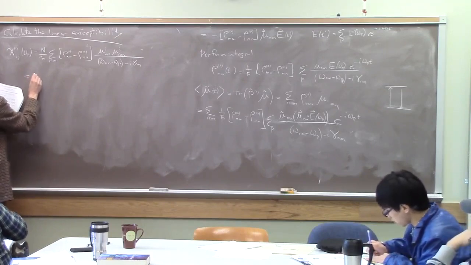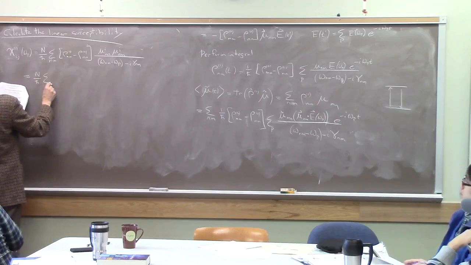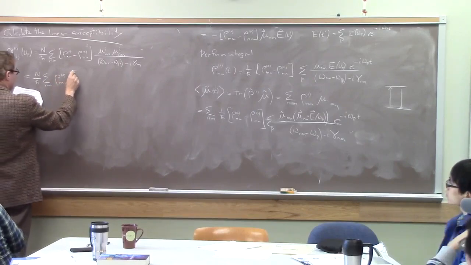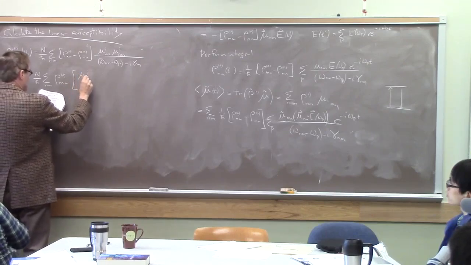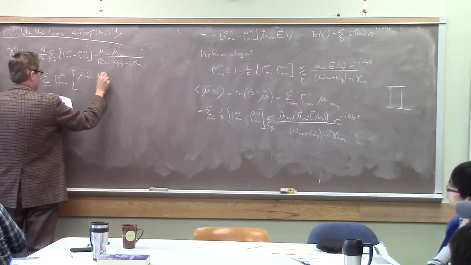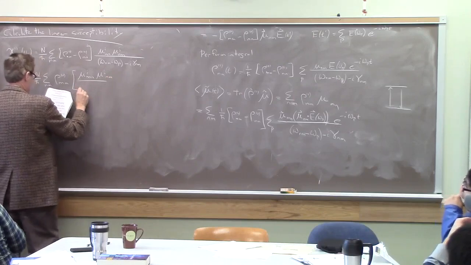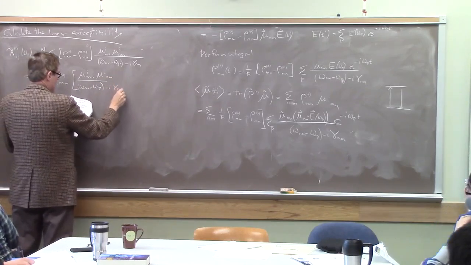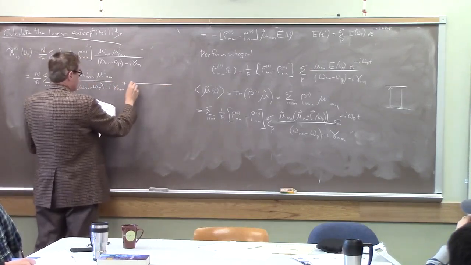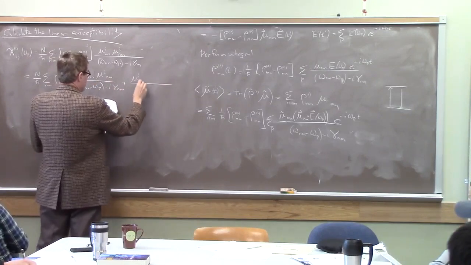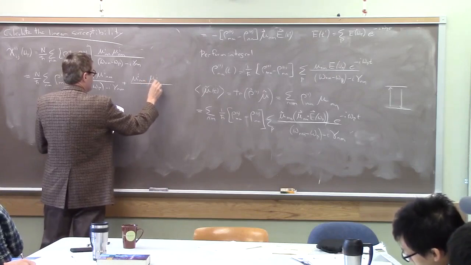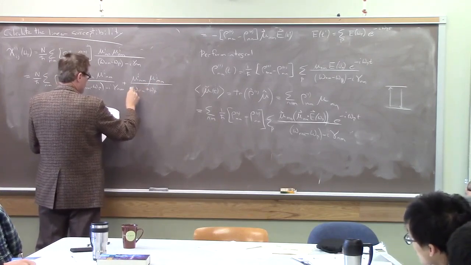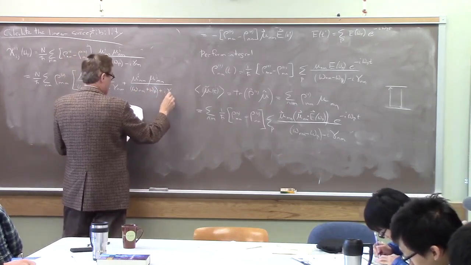And then we can write this in the form N over h bar, sum over n and m, rho 0 m times mu i m n mu j n m over omega n m minus omega p minus i gamma n m, plus, and the second term is mu i n m mu j m n over omega n m plus omega p plus i gamma n m.